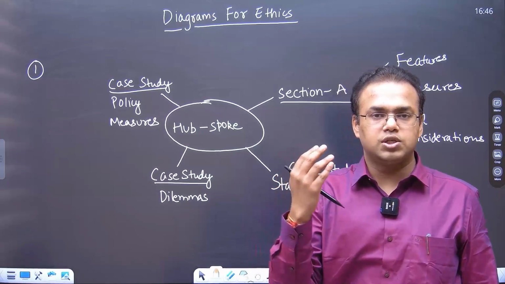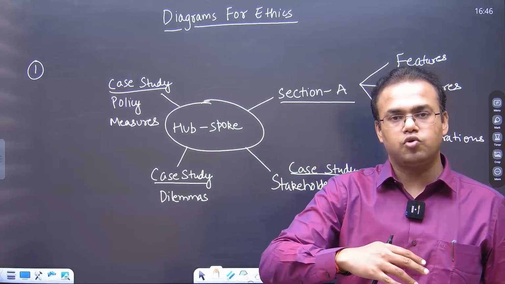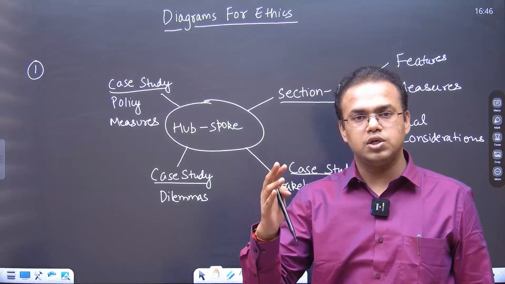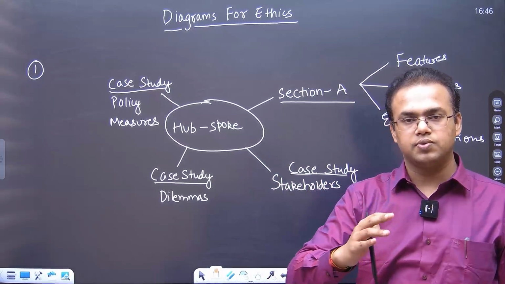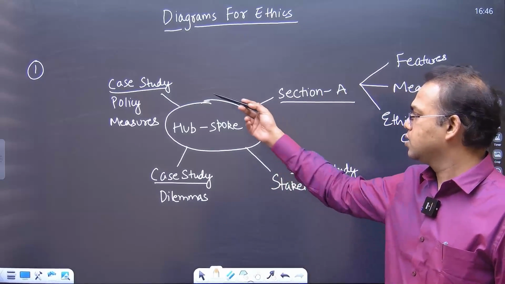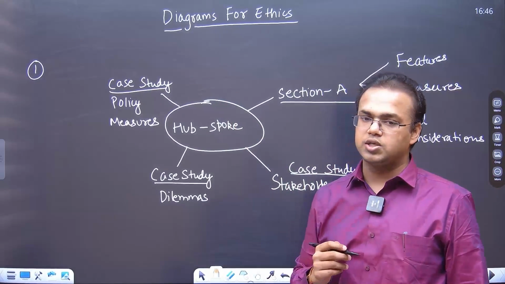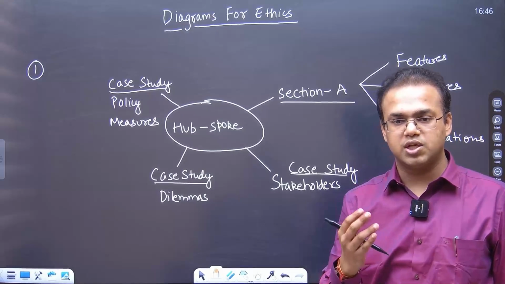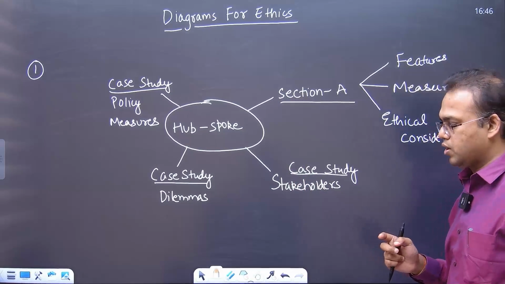Okay, for stakeholders, I'll be drawing only the hub and spoke diagram, that is not the case. For stakeholders, we'll have 5 6 different diagrams. Similarly, for dilemmas, we'll have a different set of diagrams. And there is a case question, that is policy measures as well. So for telling the policy measures as well, you can of course draw a hub and spoke diagram.